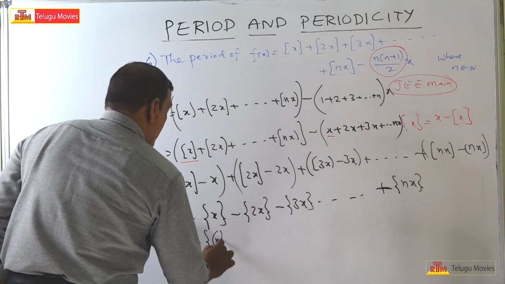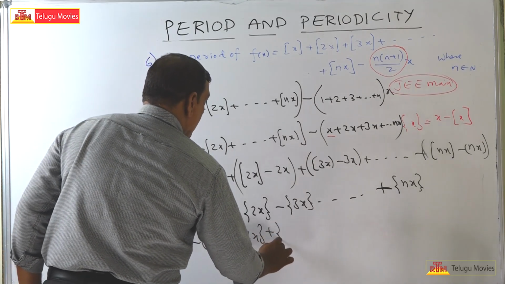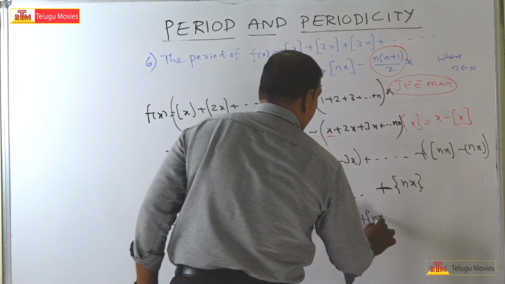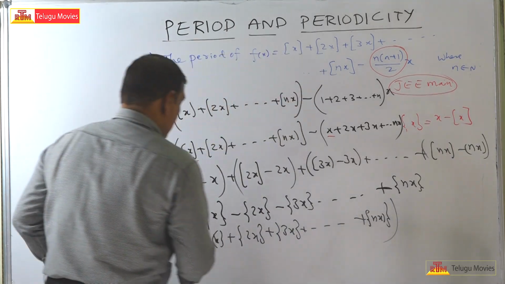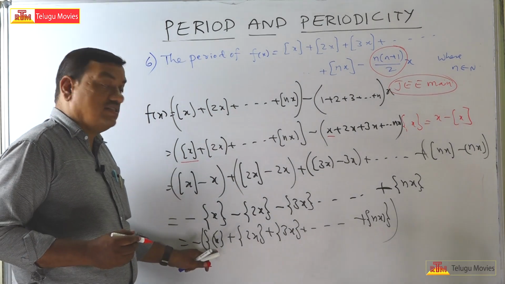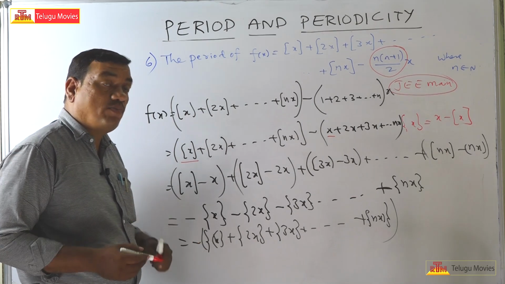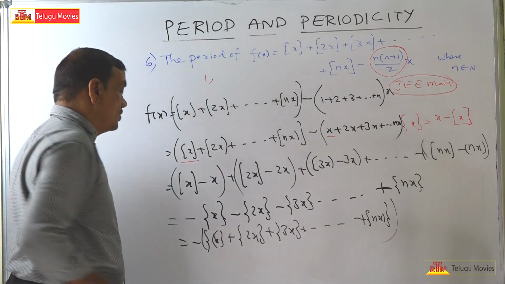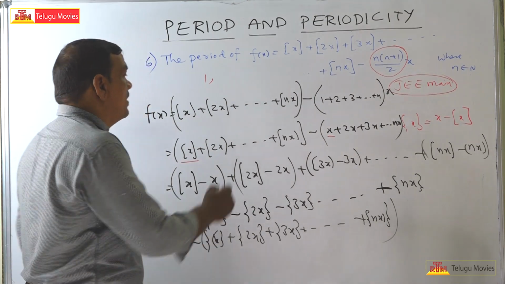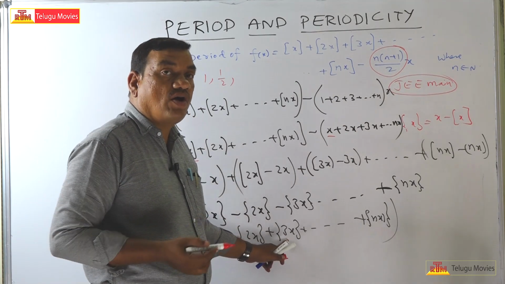So this is fractional part of x plus fractional part of 2x plus fractional part of 3x plus so on fractional part of nx. Therefore, from this what can you say? What is the period of fractional part of x? 1. What is the period of fractional part of 2x? 1 by 2. What is the period of fractional part of 3x?